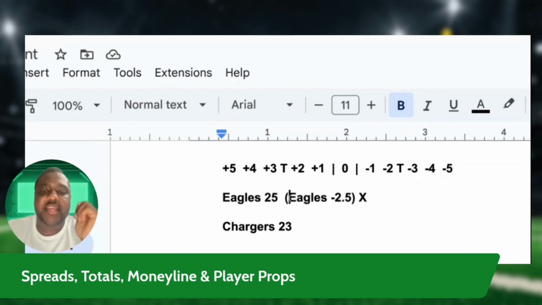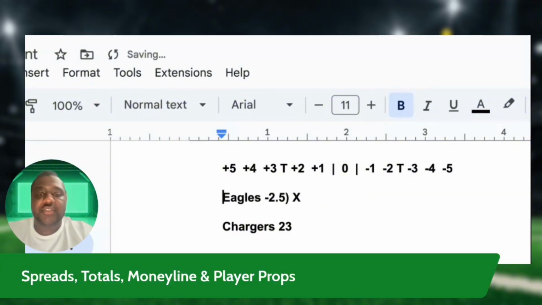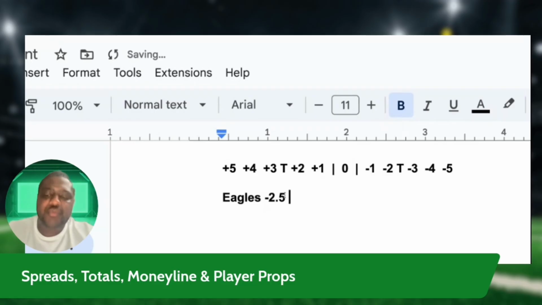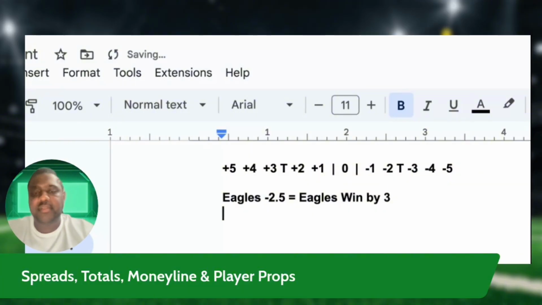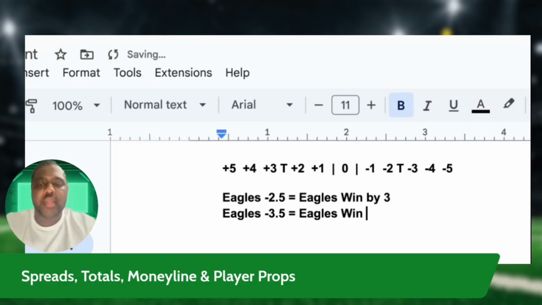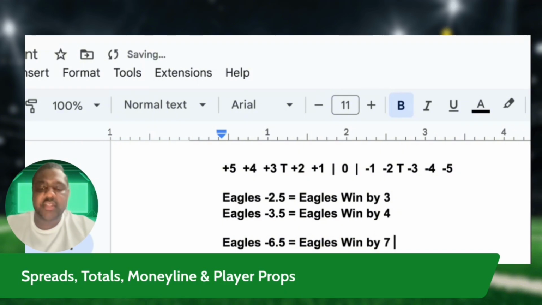Matter of fact, let me type that in actually, just so y'all can see what I mean. Eagles minus 2.5 equals Eagles win by 3. Eagles minus 3.5 equals Eagles win by 4. Let's say Eagles minus 6.5 equals Eagles win by 7.